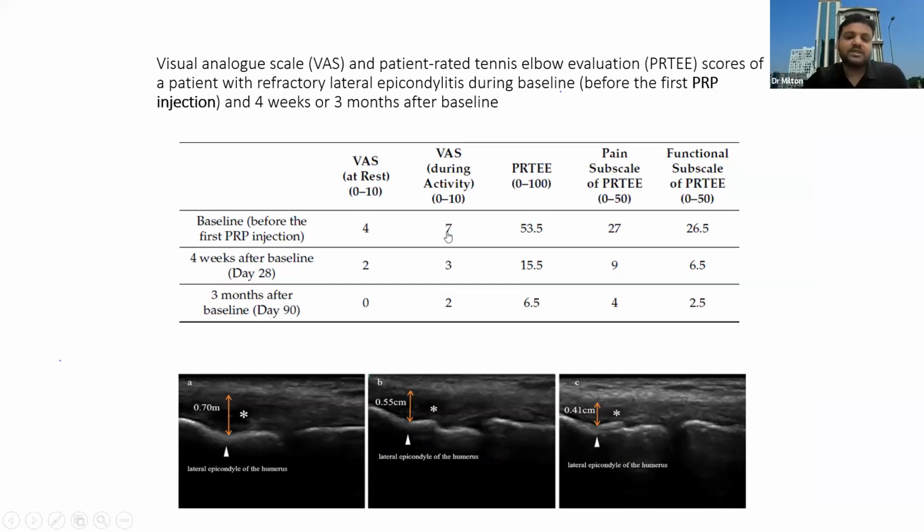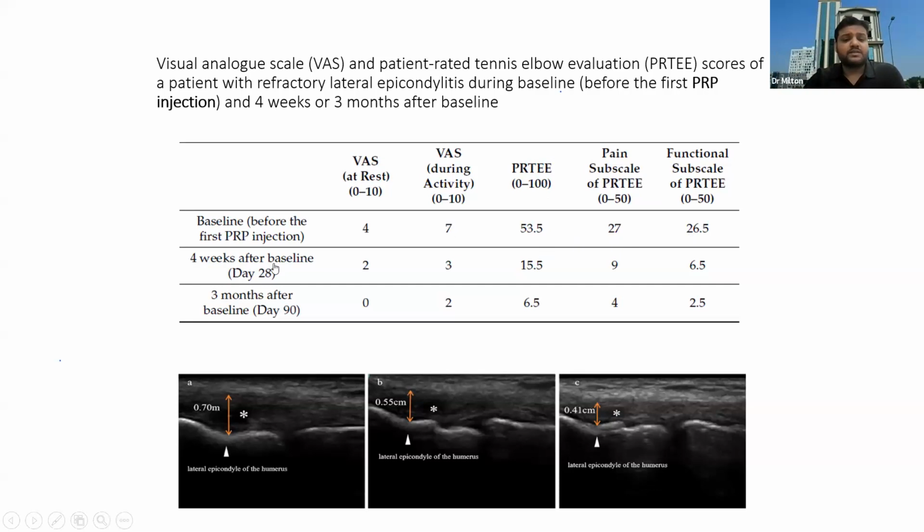But when the patient is active, in daily active life, the pain is around 7. Here the pain scale is around 27, and for function it is around 26 or 26.5.